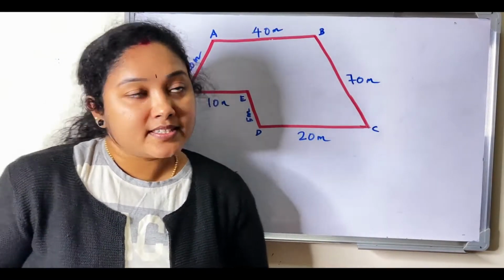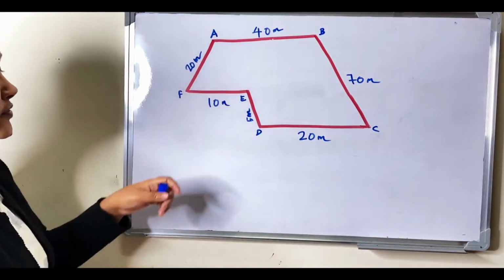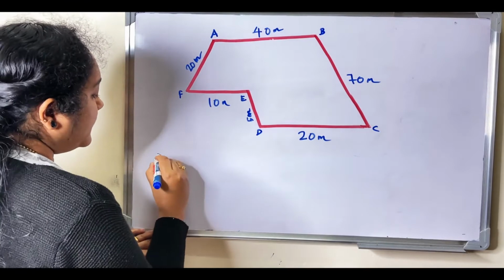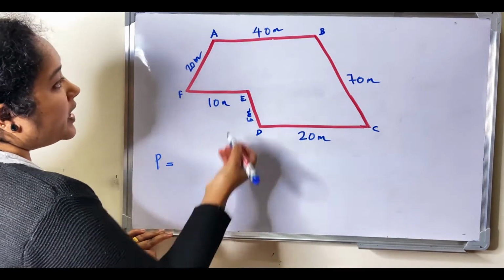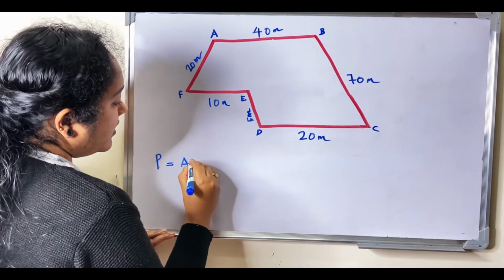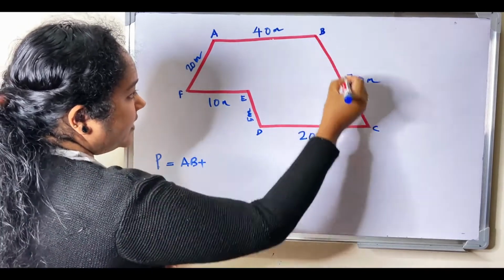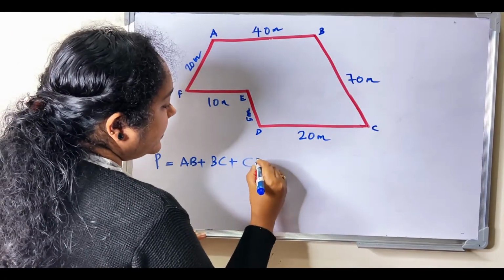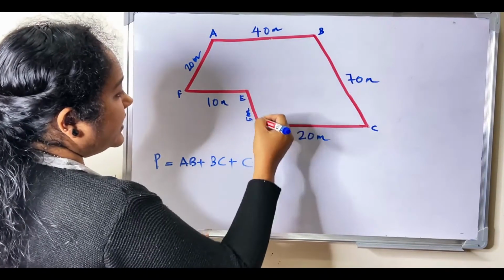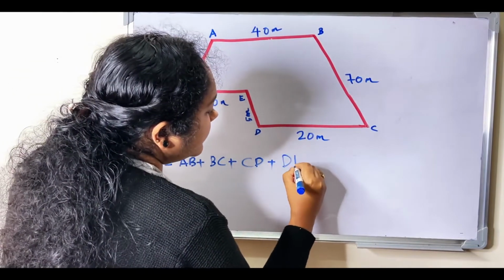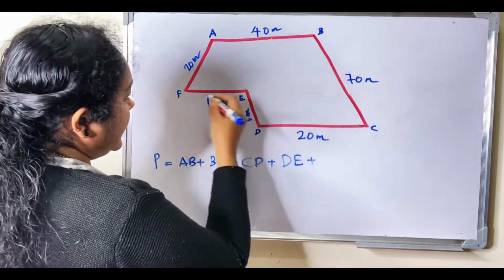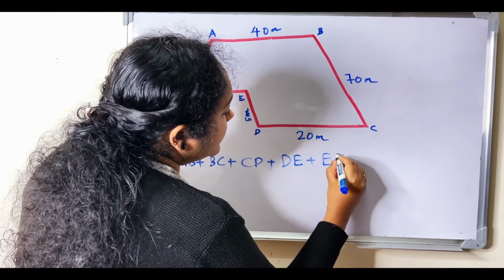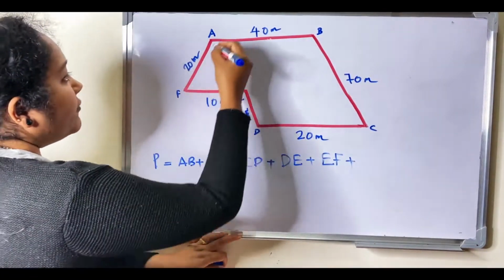Next example is to find the perimeter of this closed figure. P is equal to AB plus BC plus CD plus DE plus EF plus FA.